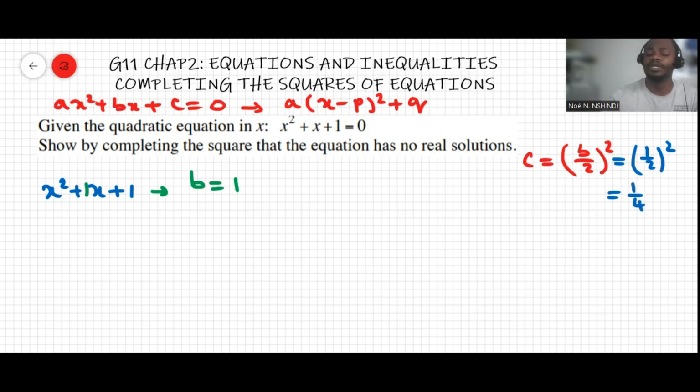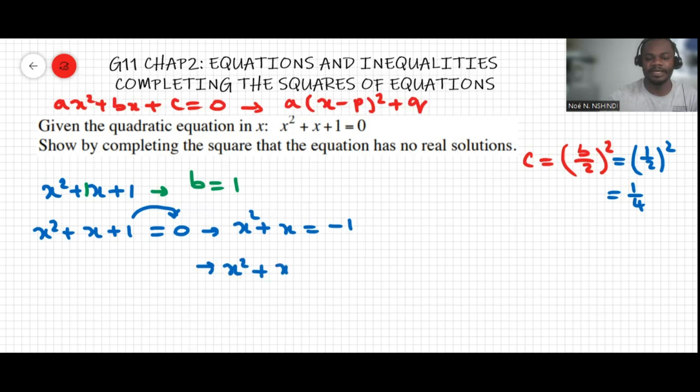Now, we can work out x squared plus 1x plus 1 equals 0. To solve this by completing the square, I'll move this 1 over, and then this will become x squared plus x equal to -1. So we can write x squared plus x, I'll leave space there.